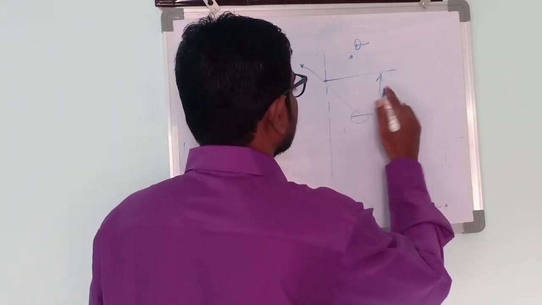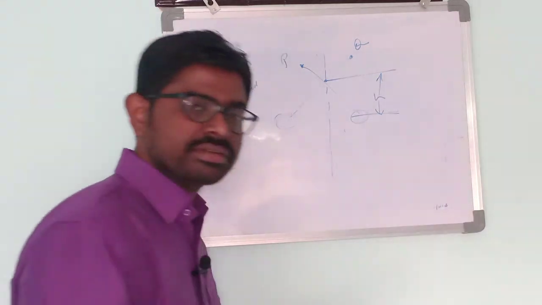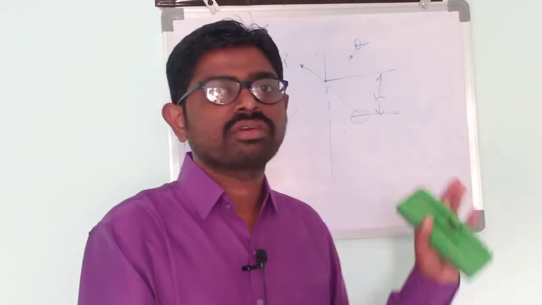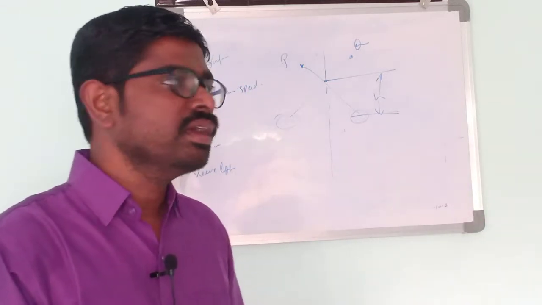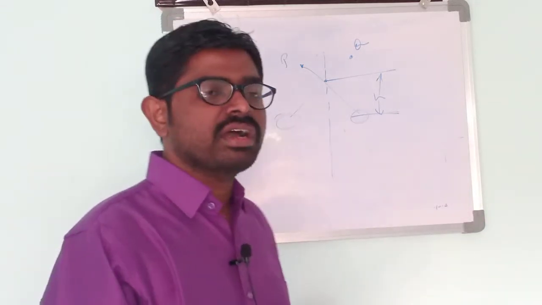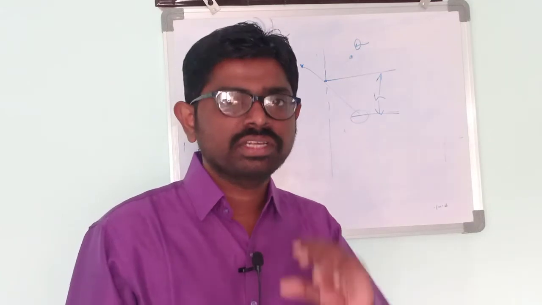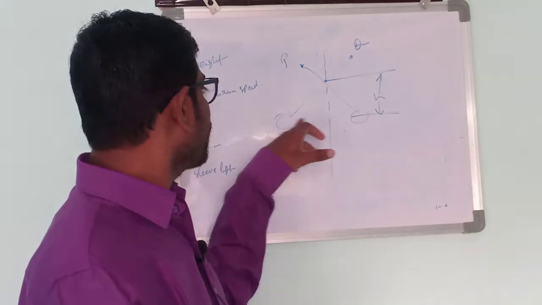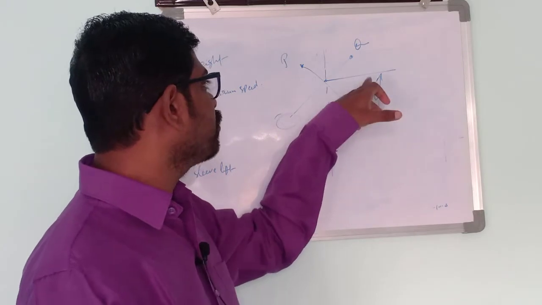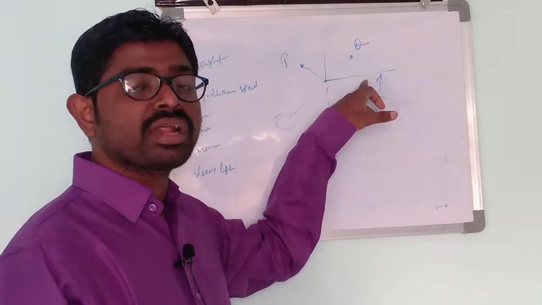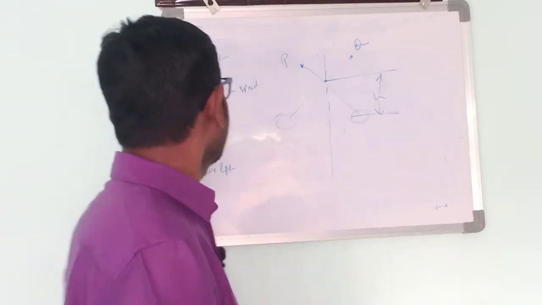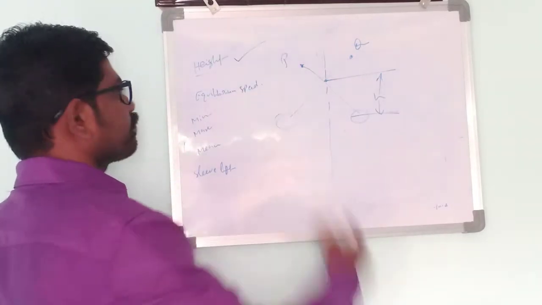Anyway, based on the design, we take the height of the governor. But the definition is the vertical distance from the center of the ball to the point where the two upper arms intersect on the spindle axis. That we call the height of the governor.